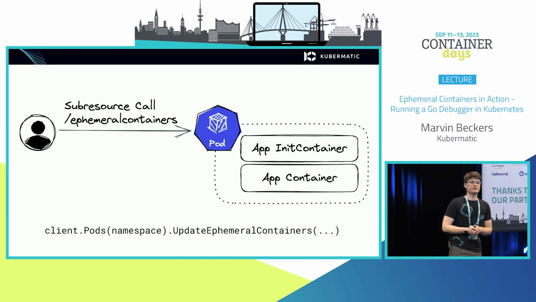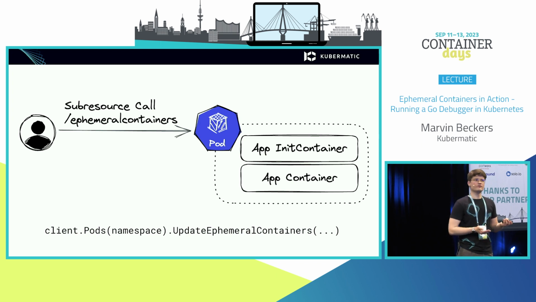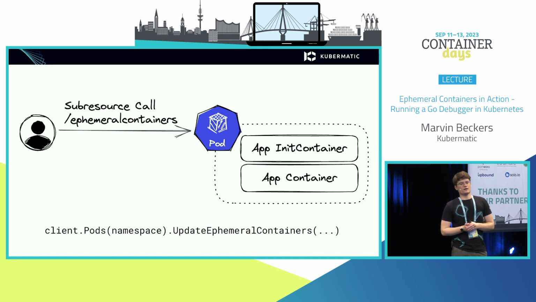For example, the status field on a deployment, or honestly, most resources have a status field. That's actually a sub-resource, and that means you cannot talk to it directly. If you do calls against the pod API, the ephemeral containers changes will be dropped because you need to call the specific sub-resource. Otherwise, Kubernetes will ignore your changes.